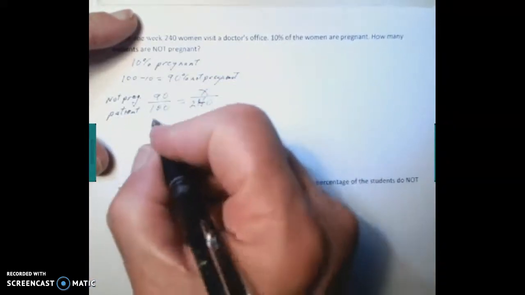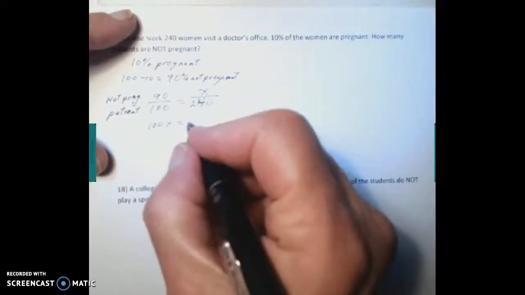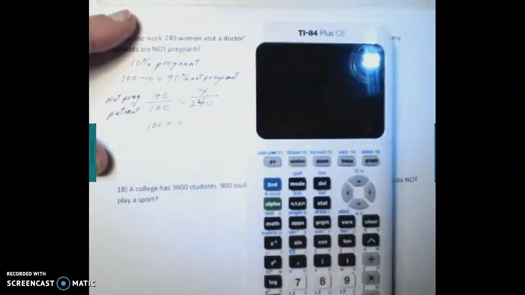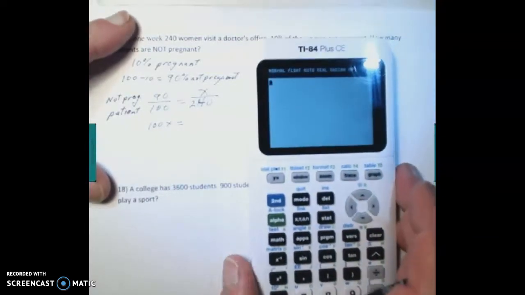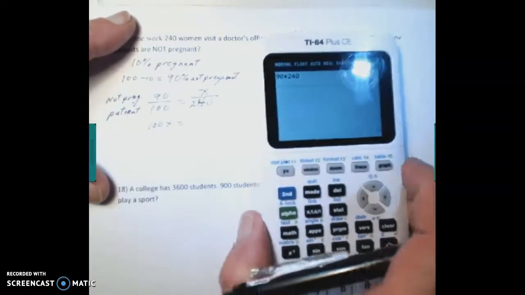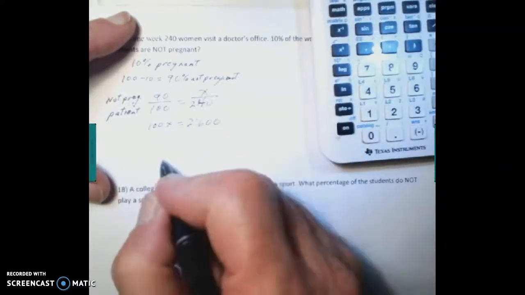So cross multiply. You come up with 100x equals 90 times 240. Calculator time. It comes out to be 21600.